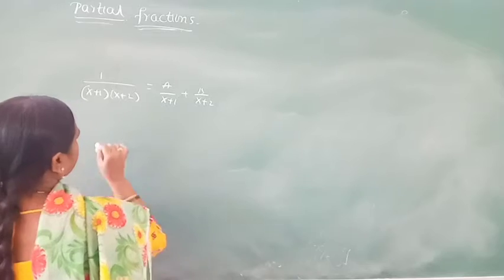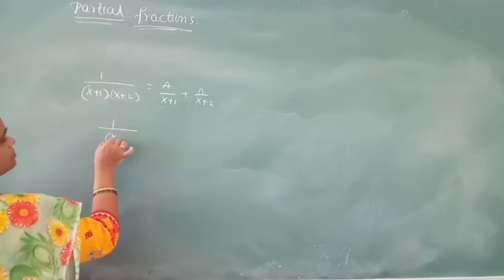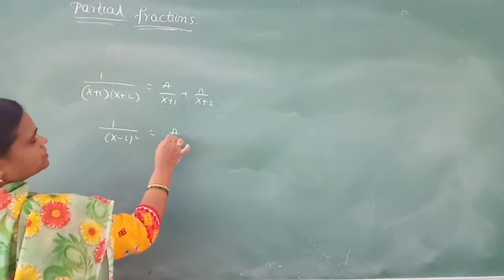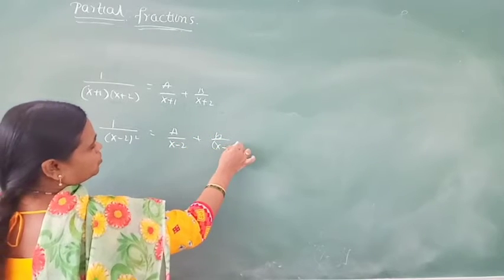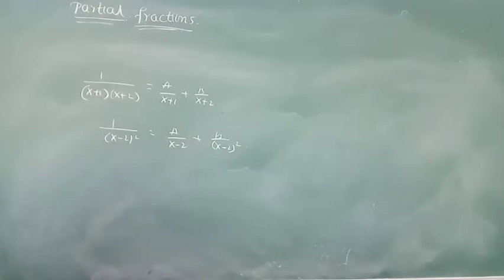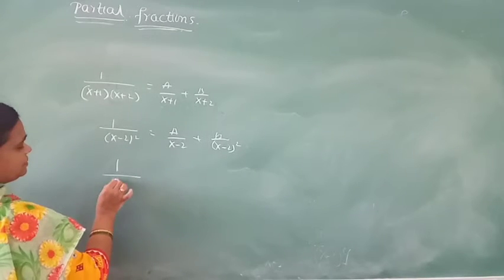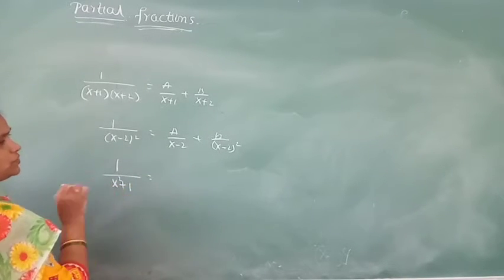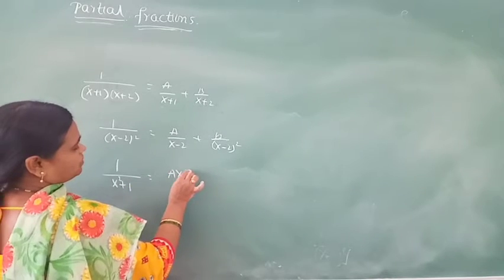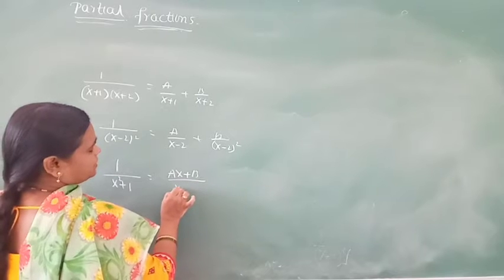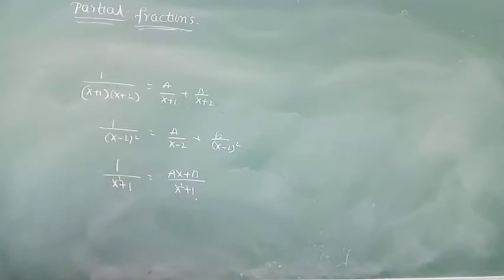If they are repeated, 1 divided by (x minus 2) the whole square, we can write this as a by x minus 2 plus b by (x minus 2) the whole square. If they are non-factorizable, like x square plus 1, we can't factor directly. In this case, we write it in the form of ax plus b divided by x square plus 1.